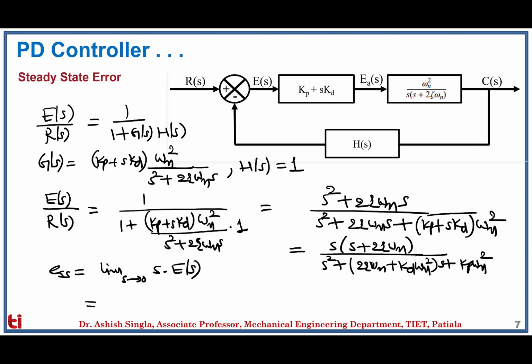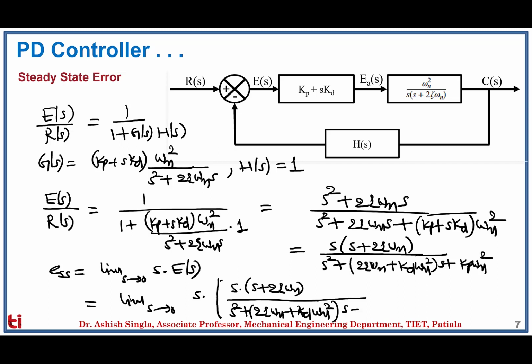So we can write this term as limit s goes to 0 of s into E(s), and we can write it as s plus 2 zeta omega n upon s square plus (2 zeta omega n plus kd omega n square) s plus kp omega n square, into R(s).